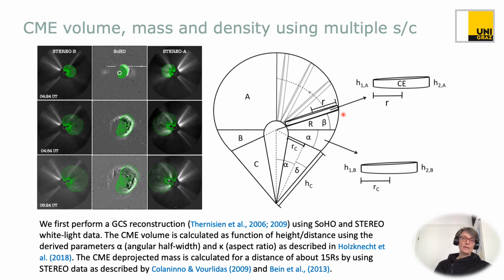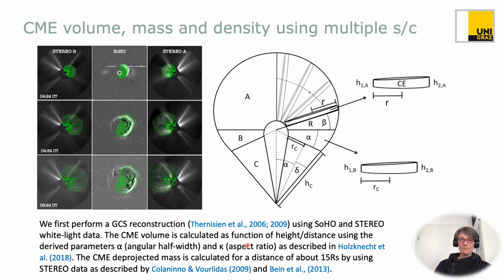The algorithm is described in Holzknecht and collaborators in 2018, and it only uses the angular half-width of the GCS model and the kappa. So angular half-width alpha and kappa, the aspect ratio, are the two parameters that you need to know to derive the volume.